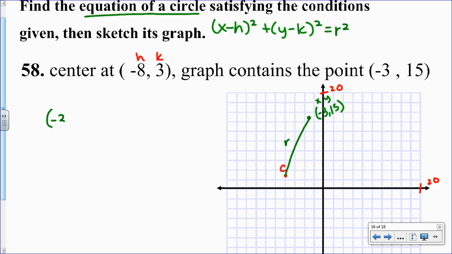So that's negative 3 minus negative 8, so plus 8, squared, plus 15 minus 3, squared, equals r squared. So I'm trying to find the radius.